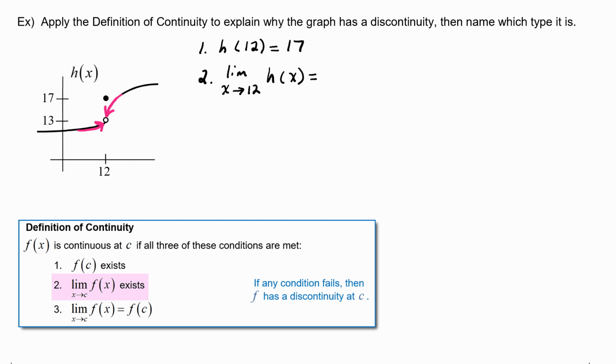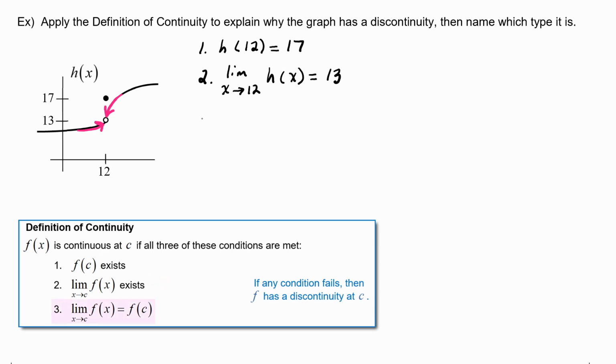So this limit is equal to 13, which means it exists. So in terms of the definition of continuity, we have passed step 1 and we have passed step 2.